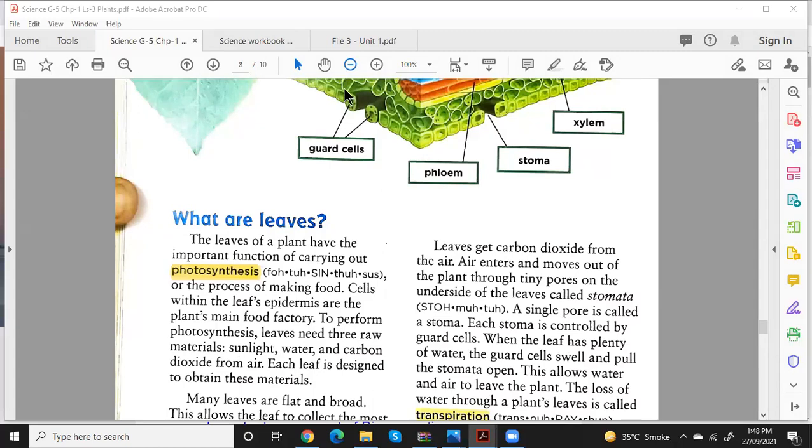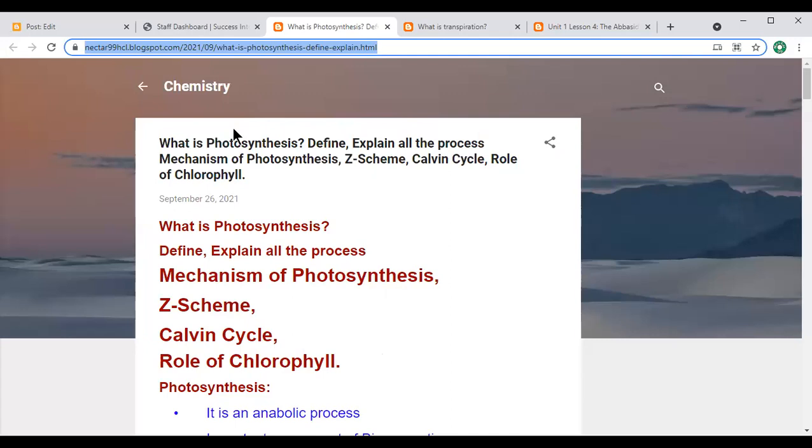Here you can easily understand 3 or 4 things. There are many things, but we're not going to study in detail, because in your grade we're just going to study the definitions and a little bit, not in detail. So what is photosynthesis?